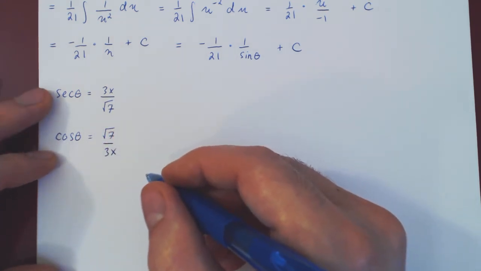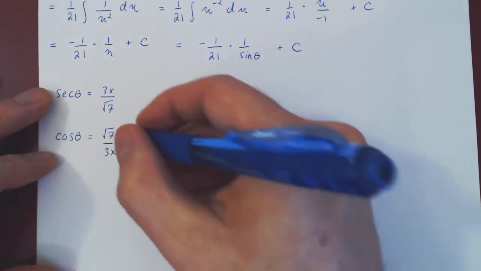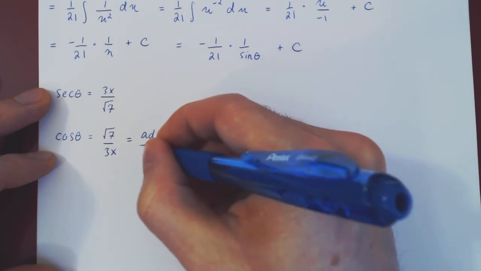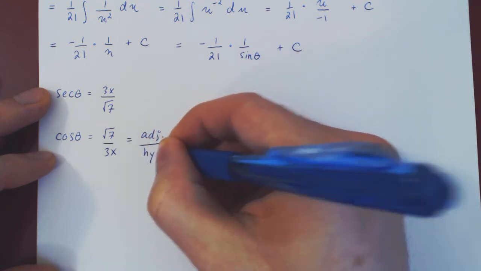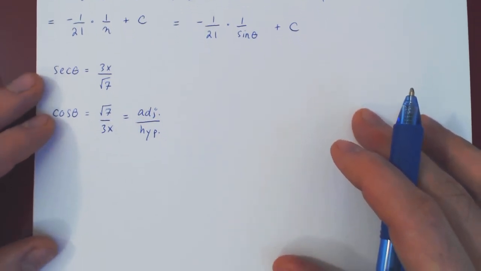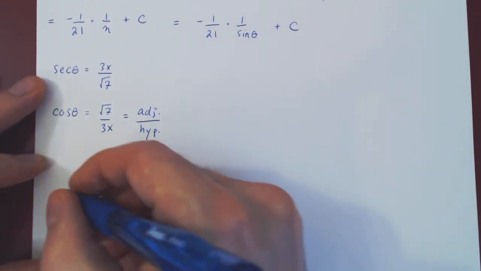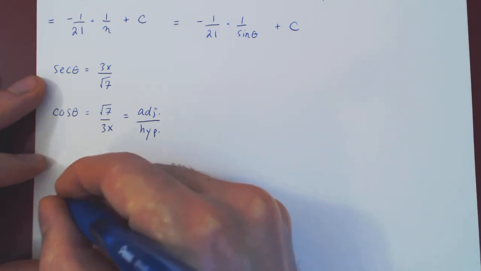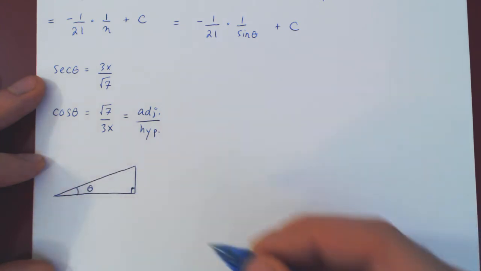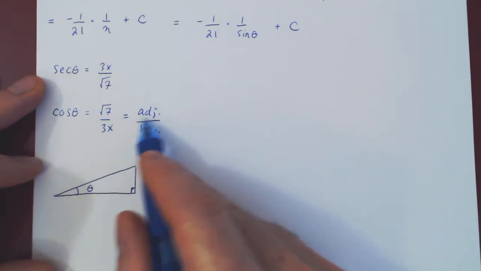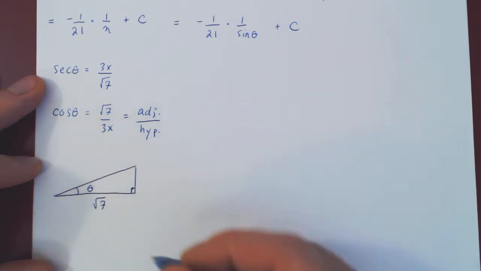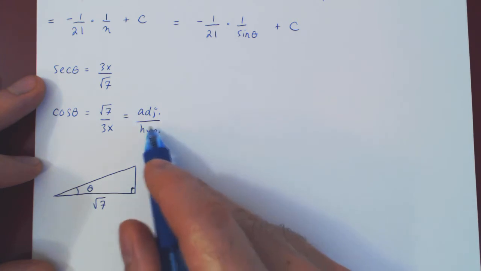And of course, as the ratio of two sides, the cosine of theta is the adjacent over the hypotenuse. And now we can construct from this the corresponding right angle triangle. Let me construct it here. So cosine is the adjacent, which is this side, which is root of 7, over the hypotenuse, which is 3x.